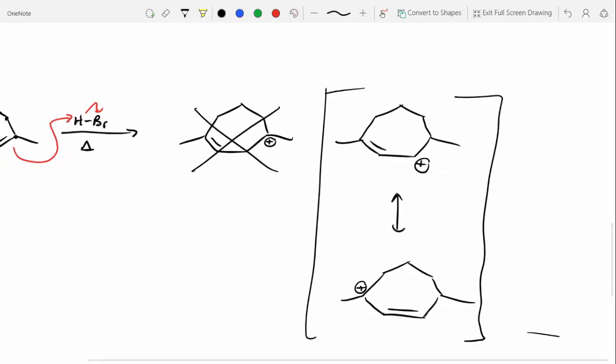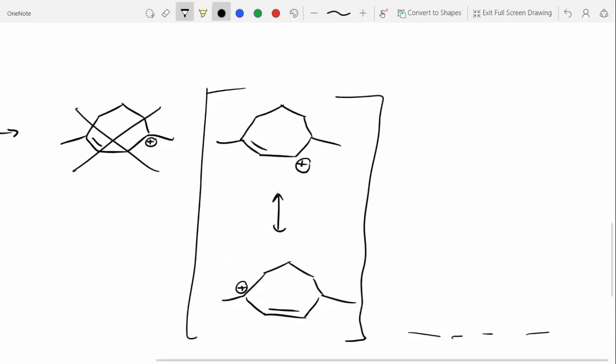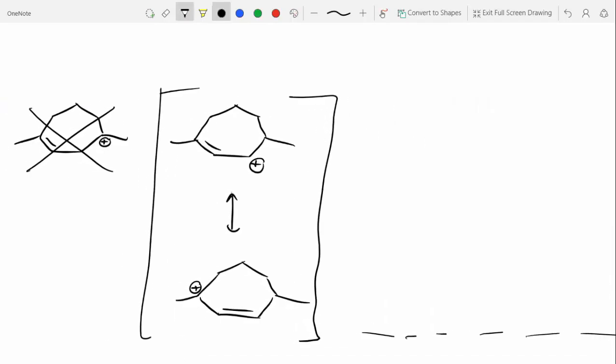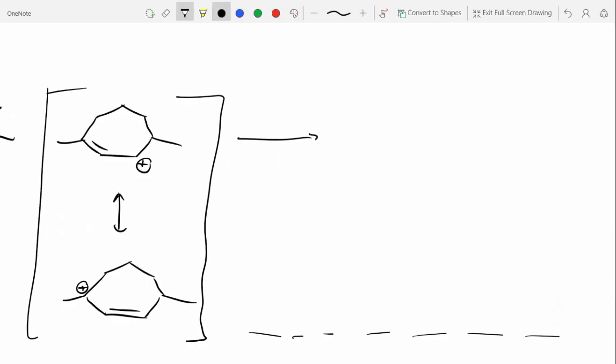Now we've got to predict our major product. Sorry, I have to scoot over. All right, so we've got bromine around for each of these. The question is, which one will be our major product? This bromine, if it attacks, could attack here.